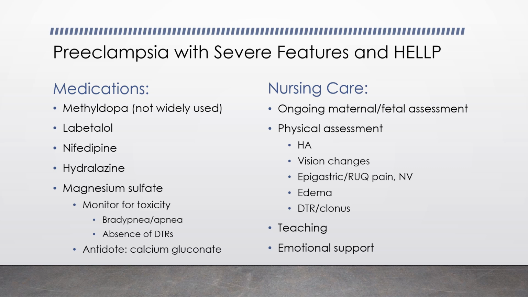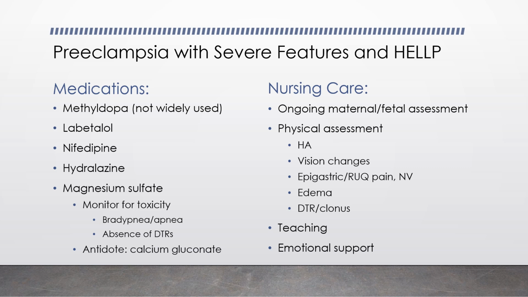Typically, preeclamptic patients with severe features have very brisk reflexes. When you do their patellar reflexes, they're at least a +3 or a +4. You'll want to keep an eye on those deep tendon reflexes, and they should never be absent.